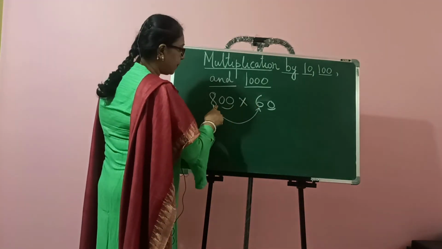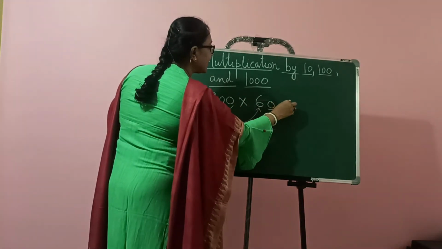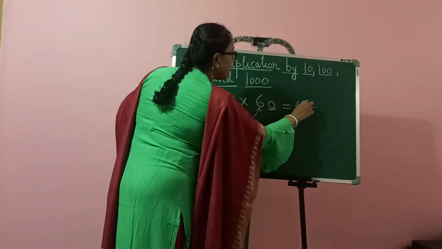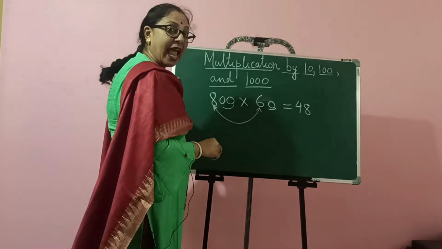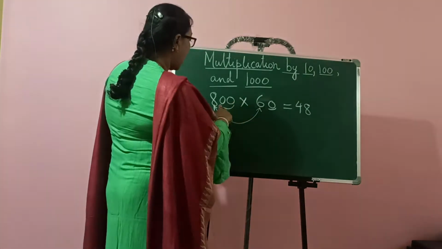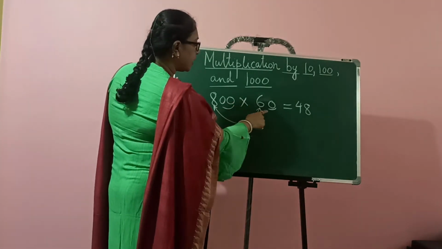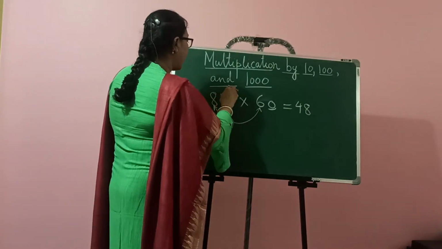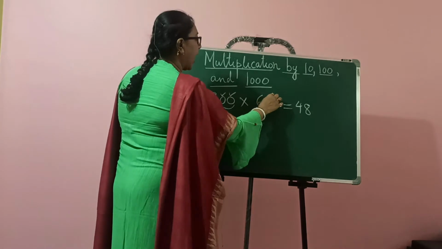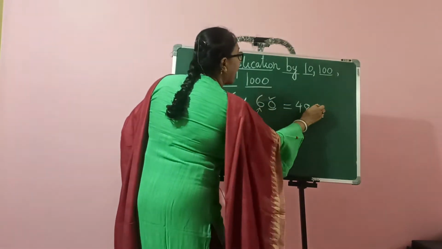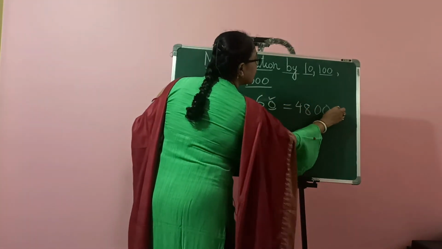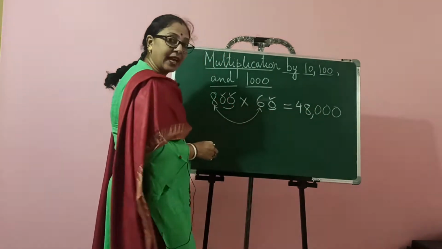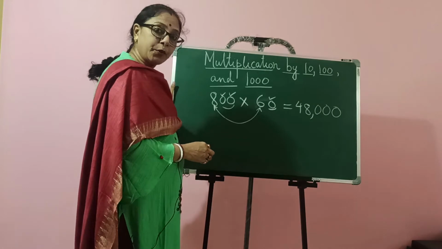If you multiply 8 by 6, that gives you 6 8s are 48. And then we count the number of zeros both the factors have. 1, 2 and 3. So we add 3 zeros at the end and we get 48,000 as our product.